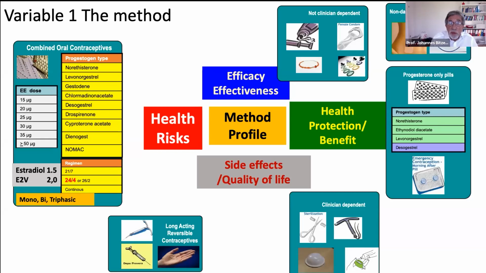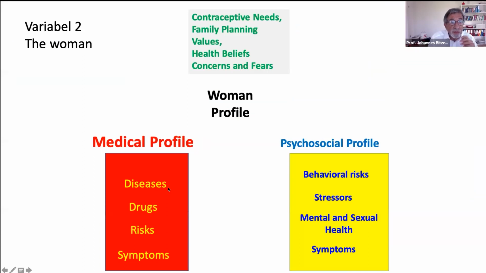And for each of these methods, what we as physicians have to know based on evidence-based medicine and studies is what is the efficacy of the method, what is the effectiveness of the method, what are the health risks, what are the side effects, and what about the health protection and the benefit. So you can see this is already a huge amount of available options, and for each option we have these four main characteristics to look into. This is variable one, the method profile.